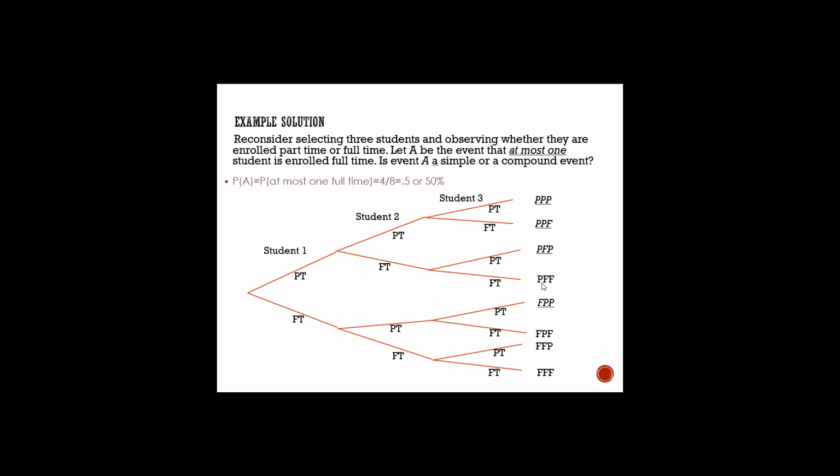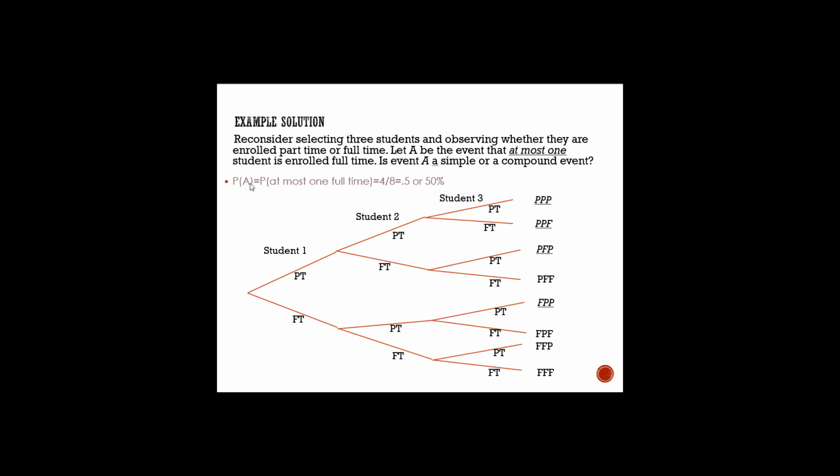The 4th one has 2 full-times. That's over the limit, so it doesn't help me. But full-time, part-time, part-time does, at most 1. Now the rest of them have more than 1 full-time, so they're out. But I managed to get 1, 2, 3, 4 of my different possibilities here that satisfy the condition, or the event, at most 1 full-time.